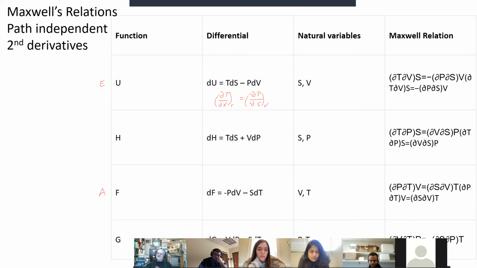The importance of this is that, remember, these are all state functions that are path independent.